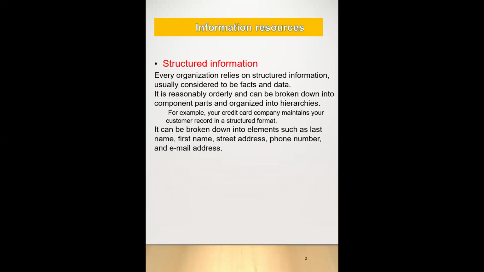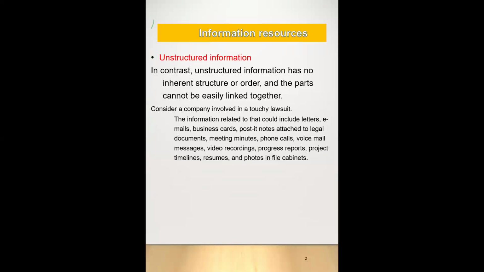So the moment we enter your index number, we can get every detail about you in the university, whether you're a registered student or a non-registered student of the university. We should be able to get that kind of information. All right, so that is the first one, structured information or data, which is one of the resources.